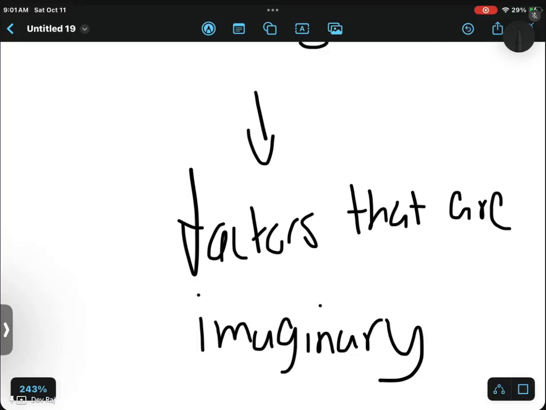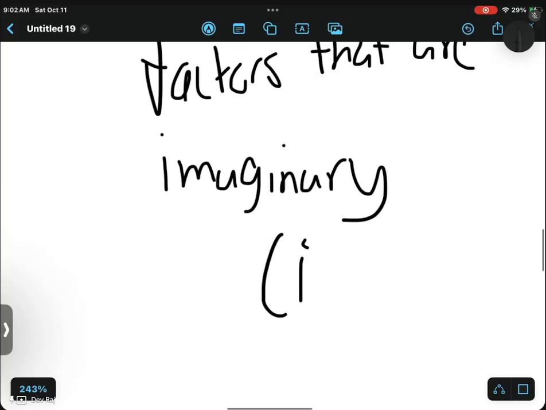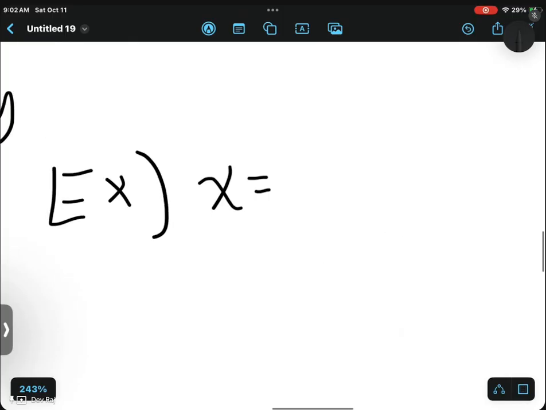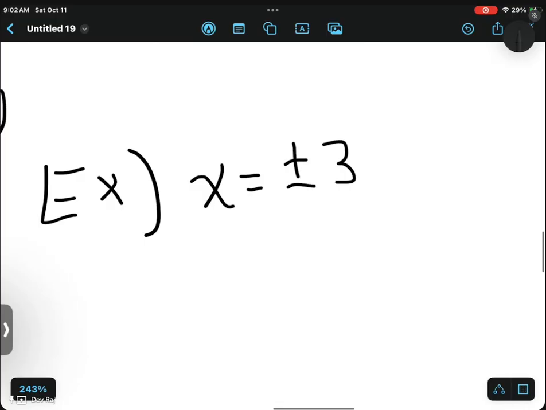We refer to these with the letter i. Have you ever seen an equation like, for example, x equals plus minus 3i? You have? Okay. So this is what we call a complex solution.